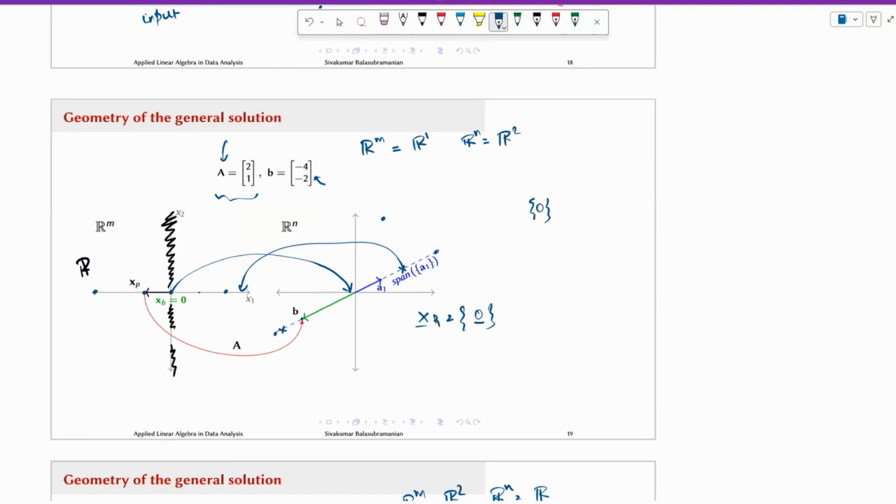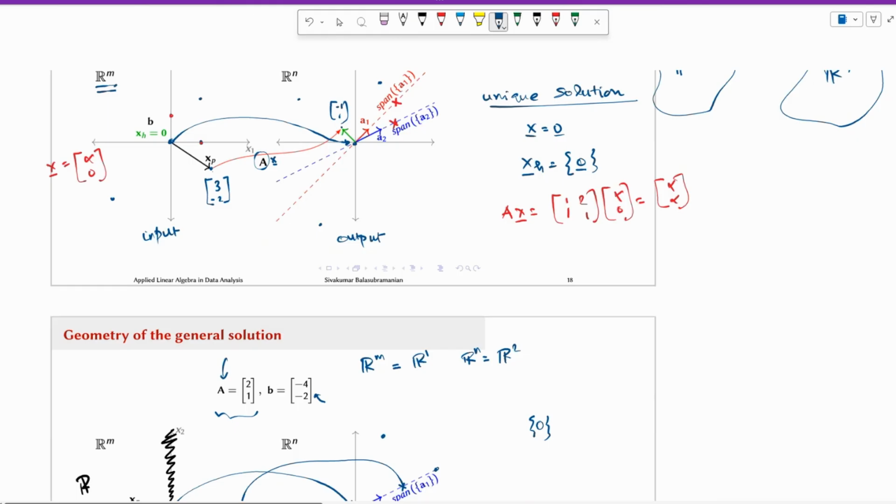What about the column space, which is in the output space? It's not all of R2, because the column space is what I can produce by doing Ax, and all you can produce by doing Ax is this line. So that dashed blue line is the column space of A.